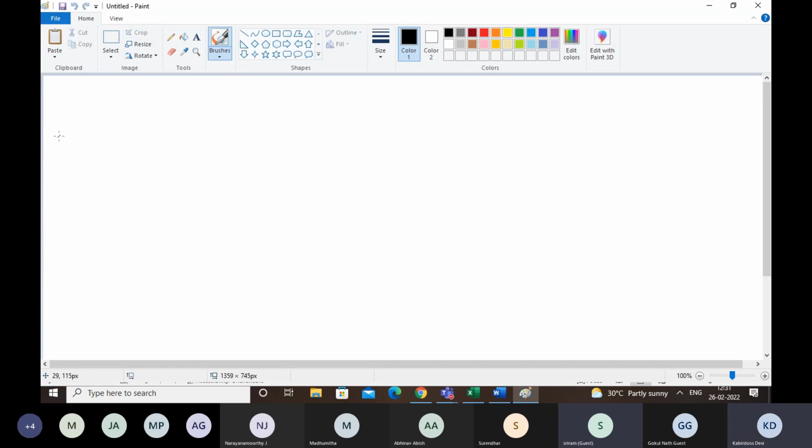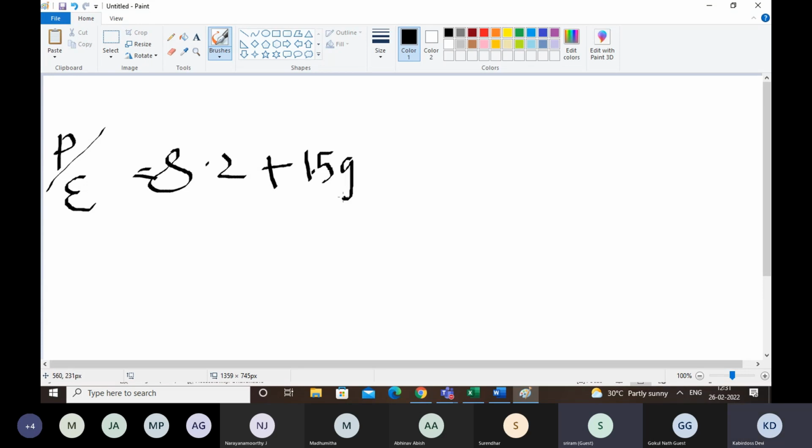Here, if you take the Whitbeck-Kisar model, PE, P divided by E, is equal to a constant rate 8.2, plus the growth, 1.5 G. You have to multiply 1.5 by G. See, these are constant values. You can't ask why there is 8.2, why there is 1.5. These are constant values they have identified as per the assumptions they have made.